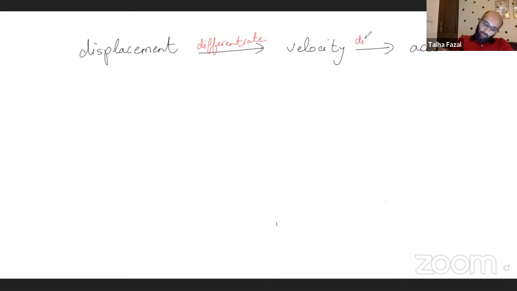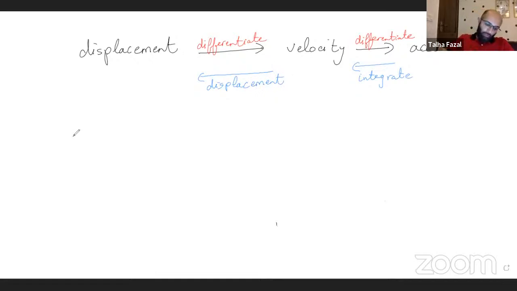And if you differentiate velocity, you get acceleration, right? Obviously, the other way around is also true. If you integrate, you get from acceleration to velocity. And if you integrate velocity, you get back to displacement, right? I hope that you know this much, right?